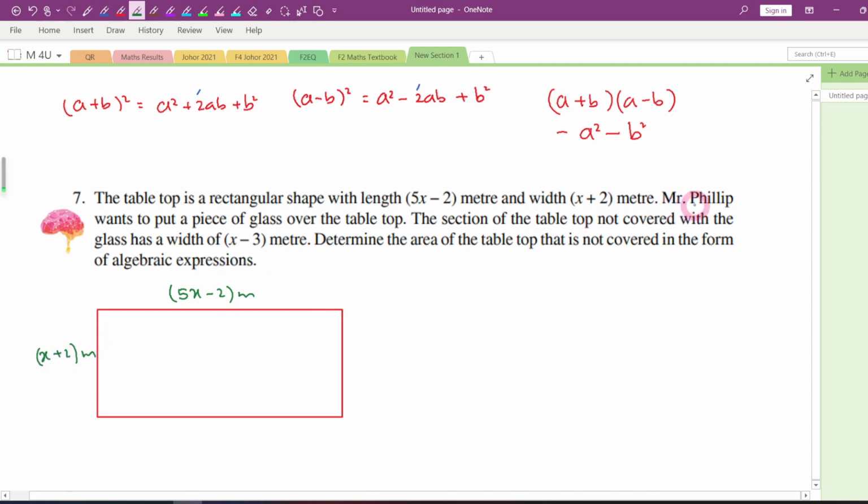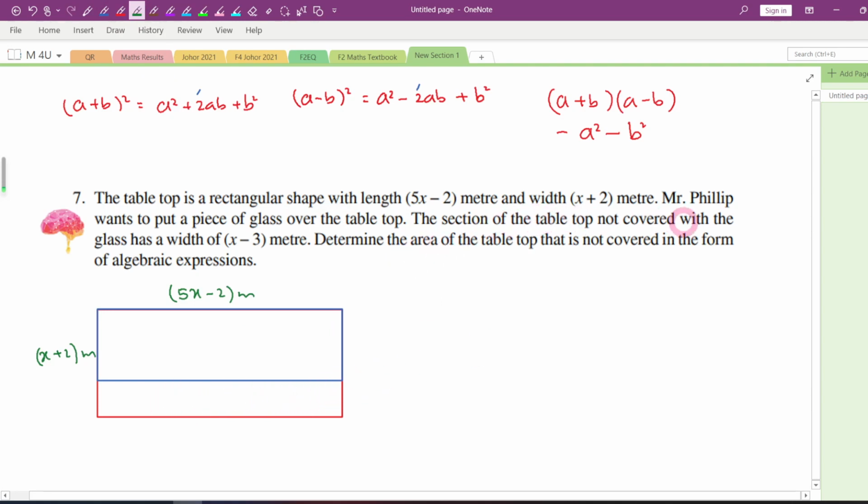So we want to put a piece of glass over the tabletop. The sections of the tabletop not covered with the glass has a width. What does this mean? Let me use another color. Now we put a piece of glass over here to cover the tabletop, but it's not fully covered. This part is not covered. This part is not covered.